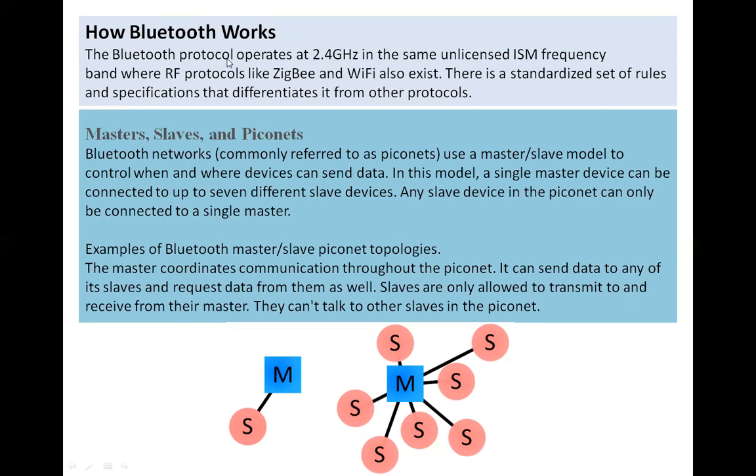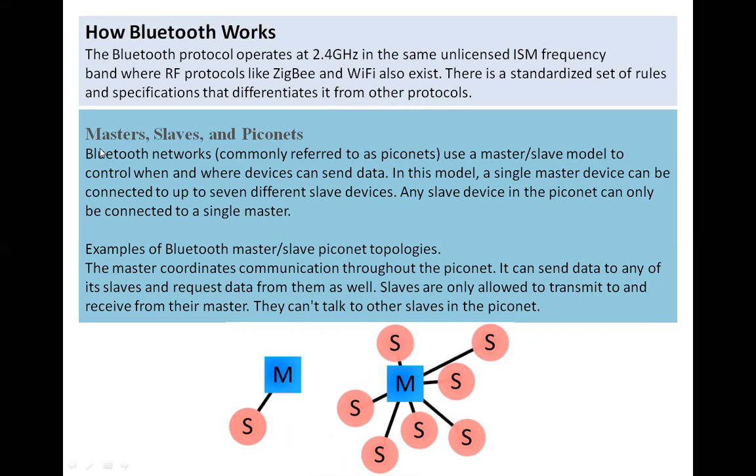The Bluetooth protocol operates at 2.4 GHz in the same unlicensed ISM frequency band where RF protocols like Zigbee and Wi-Fi also exist. There is a standardized set of rules and specifications that differentiates it from other protocols.